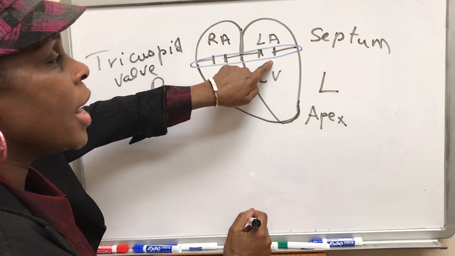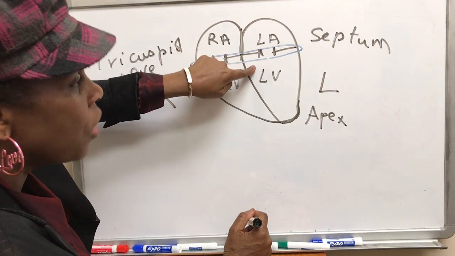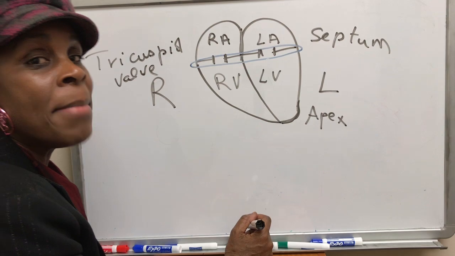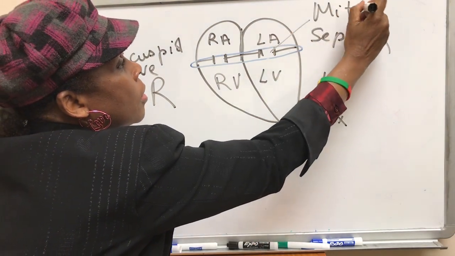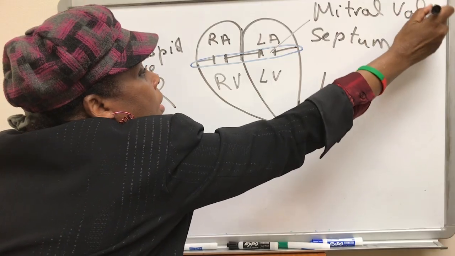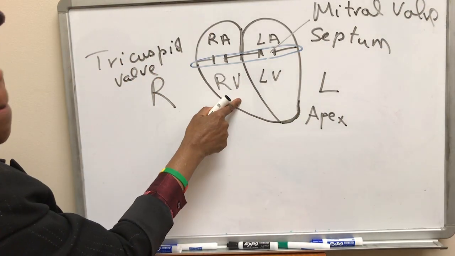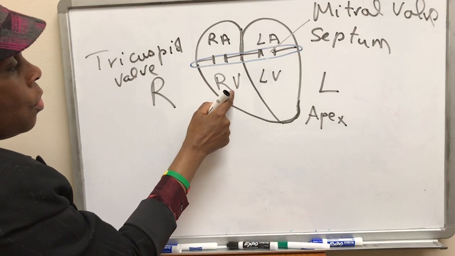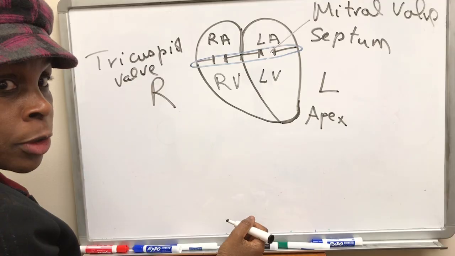On the other side, on the left, between the atrium and the ventricle, I have the mitral valve. Mitral valve. Okay? Those are the atrioventricular valves between the right atrium and right ventricle, and left atrium and left ventricle.